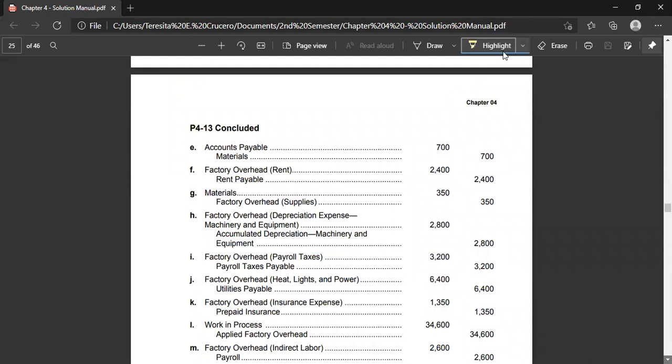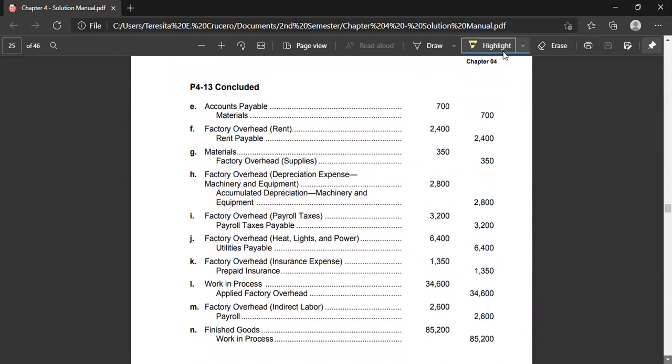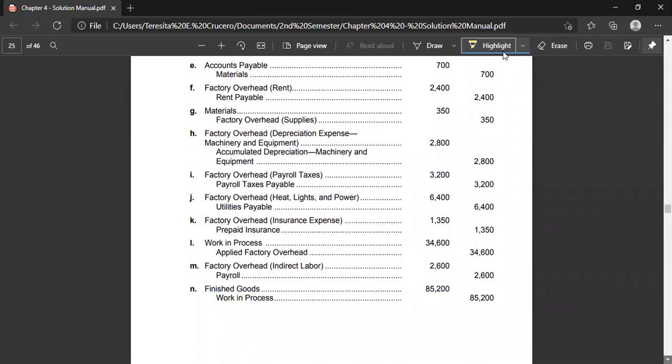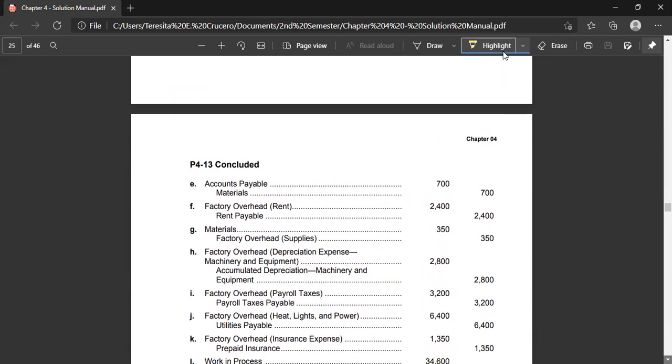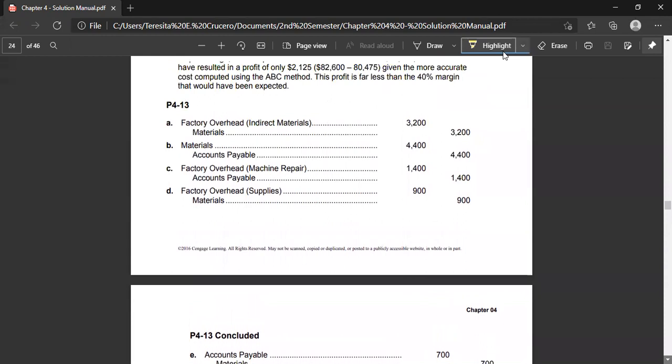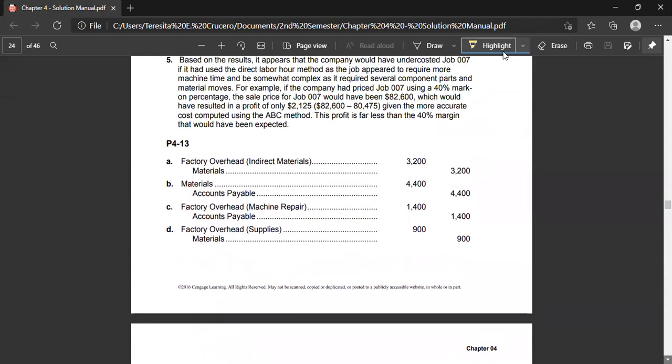Assume that the records include a control account and a subsidiary ledger for factory overhead, to which the entries will be posted at some later date. So we have now your entry for letter A in 4-13.